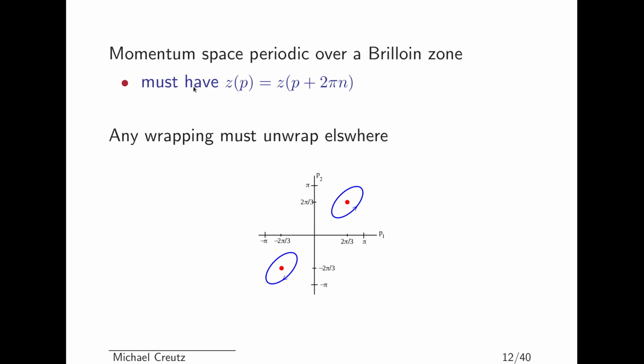Now, momentum space must have D of p be periodic. That's the thing about the lattice, that everything is periodic in 2 pi. So any place which wraps around a zero here must unwrap around another zero somewhere.